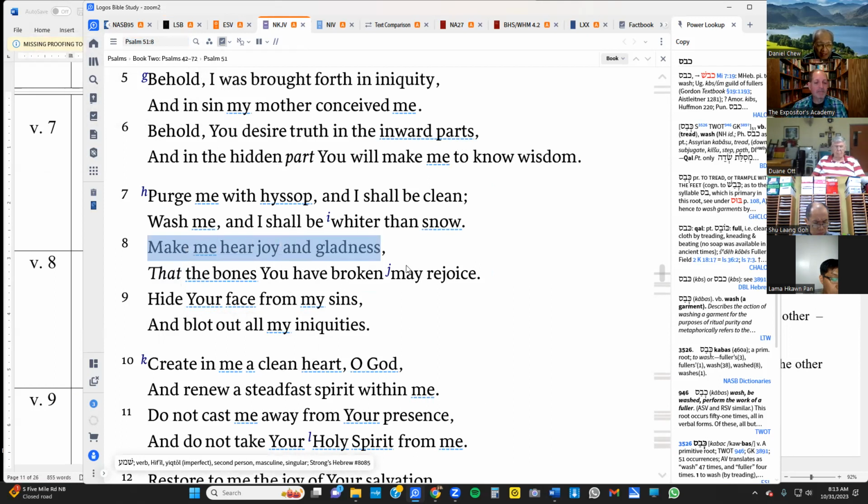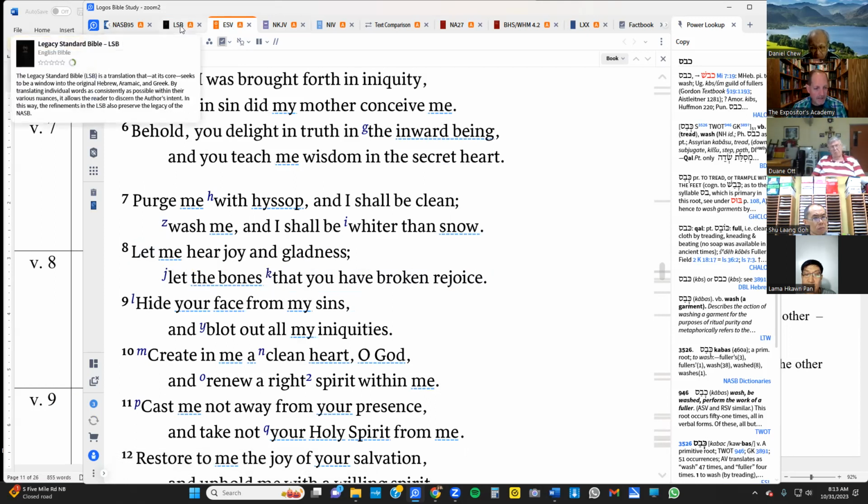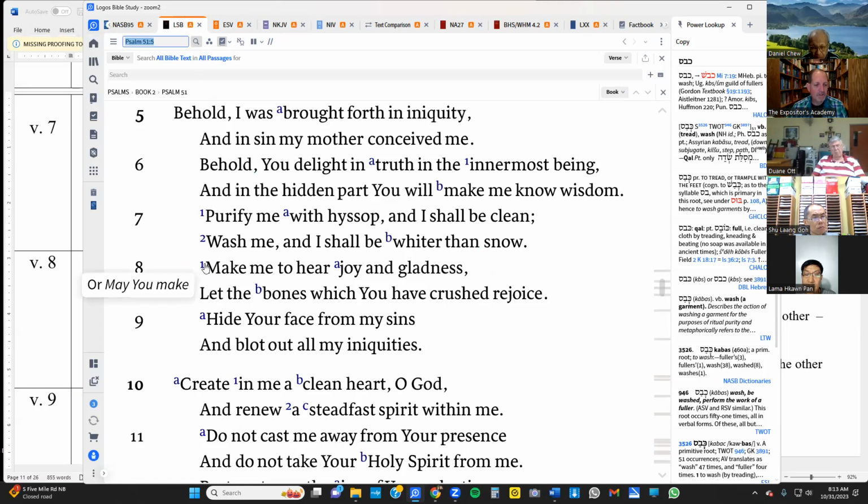So the New King James would be developmental result, right? The ESV would be synonymous. Let me hear joy and gladness. Let the bones which you have broken rejoice. The LSB would also be synonymous with the footnote there. May you make me to hear joy and gladness. Let the bones which you have broken rejoice.